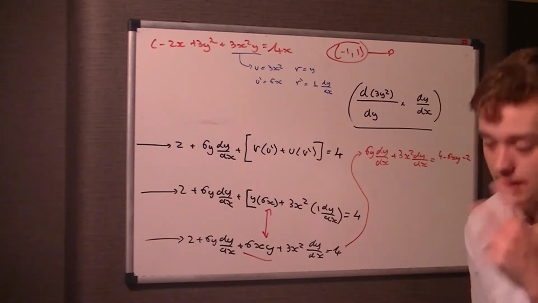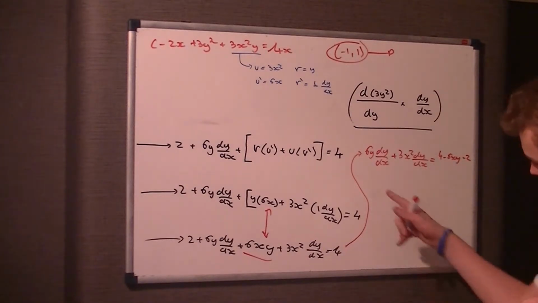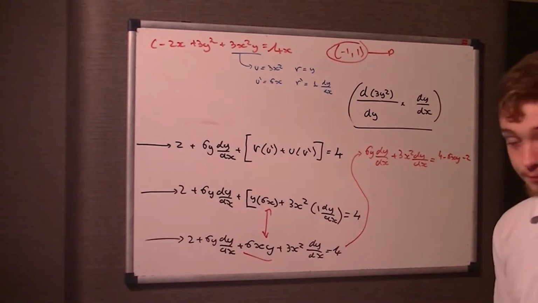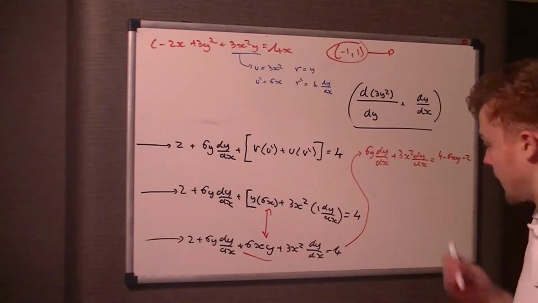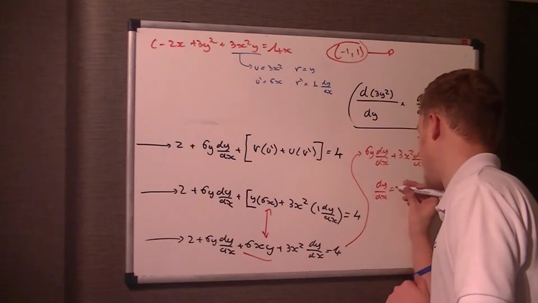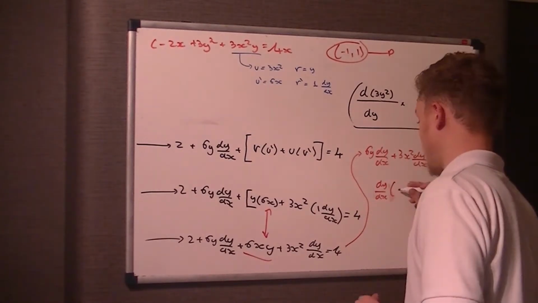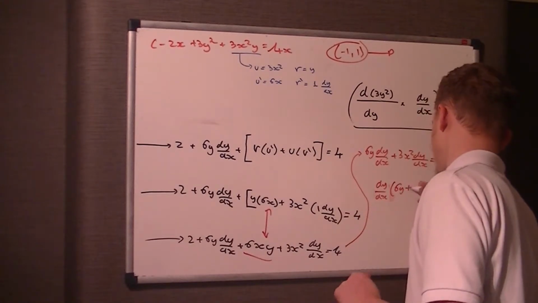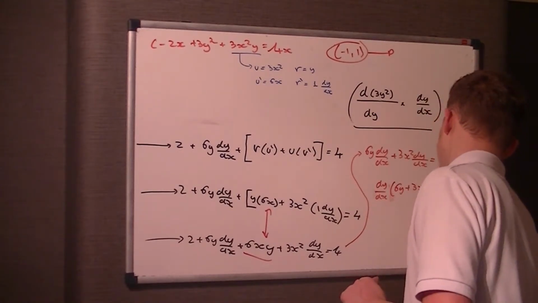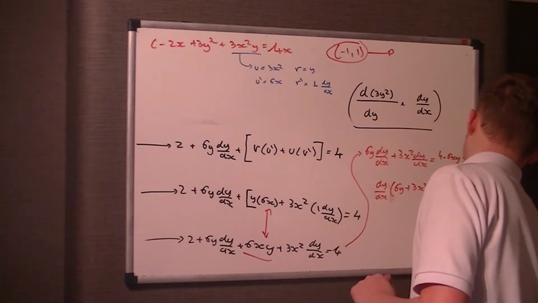Now, as we want to make dy/dx the subject, we want dy/dx on its own. Because it's a multiple here, we can take out dy/dx as a common factor. So dy/dx, taken out as a common factor, times 6y plus 3x squared equals 4 take 6xy take 2.